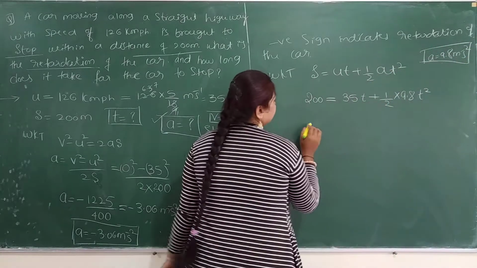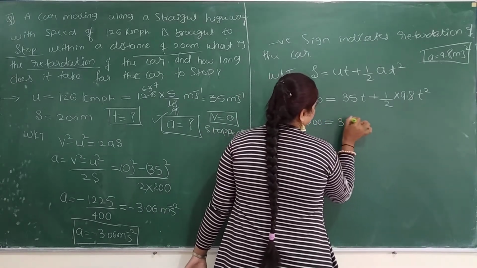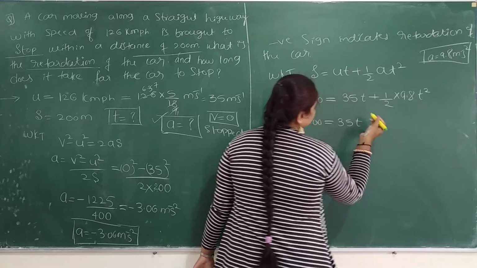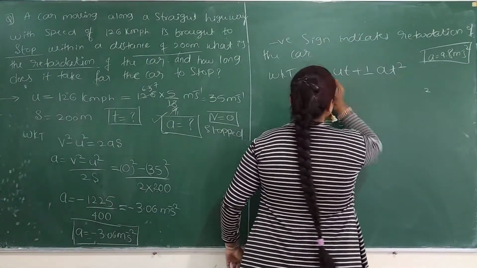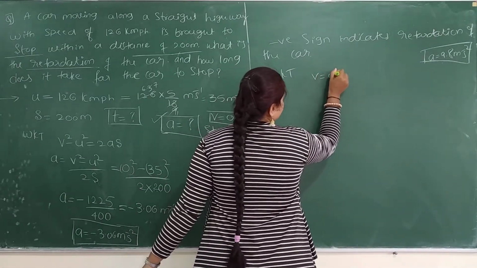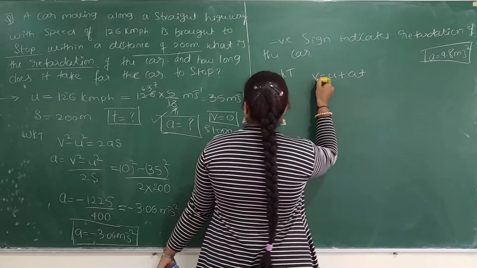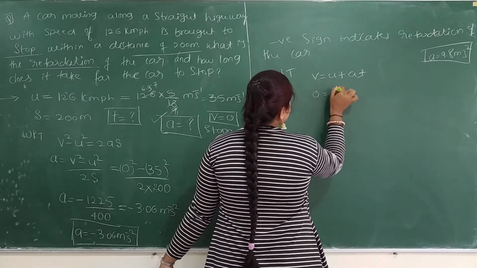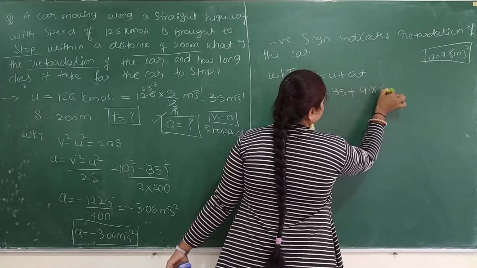Now this 200 is equal to 35t, or you can write it a simpler way. This will be too complicated. You can use the first equation of motion, that is v is equal to u plus at. In two steps you will get the answer. So the final velocity will be 0, the initial velocity is 35 plus a, 9.8 into t.